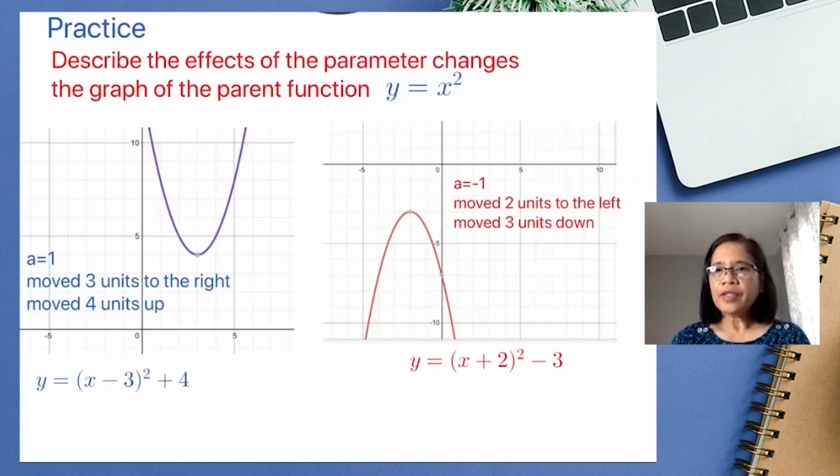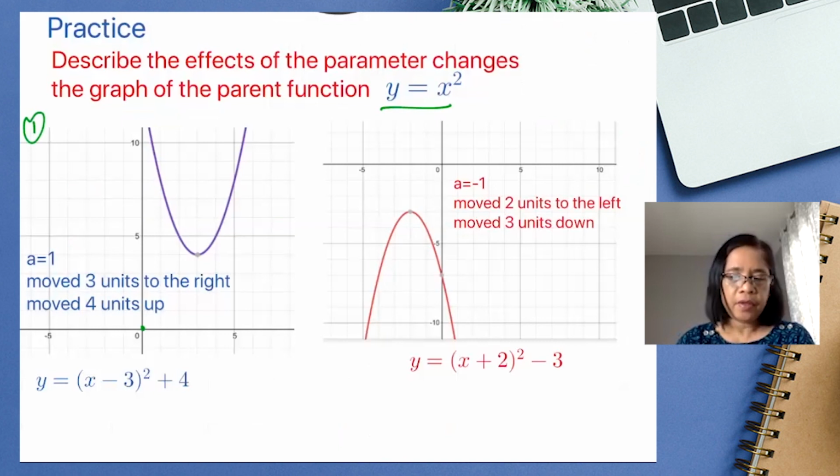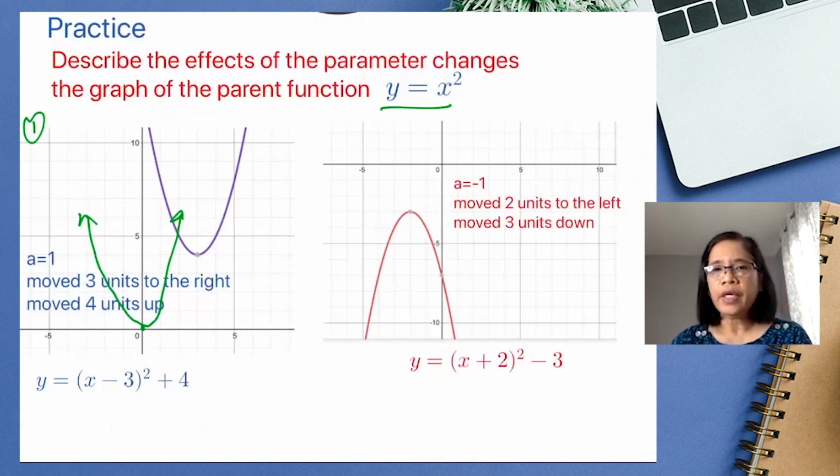So now let's look at the transformation on these two graphs here. Let's start with the first one. From the parent function y is equal to x squared. And earlier we know that this is a graph whose vertex is at the origin. And if we start looking at the vertical shift or horizontal, let's start with horizontal.